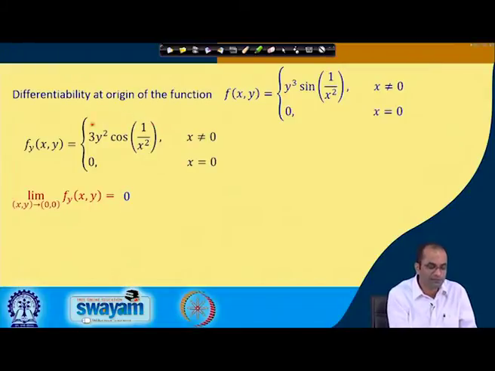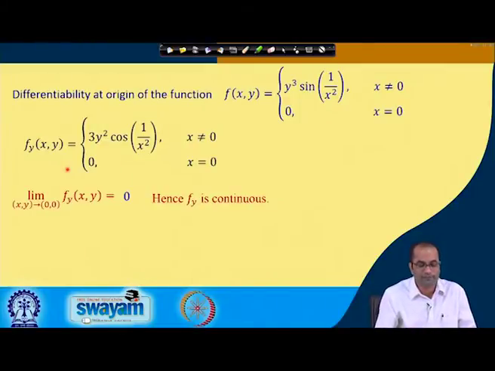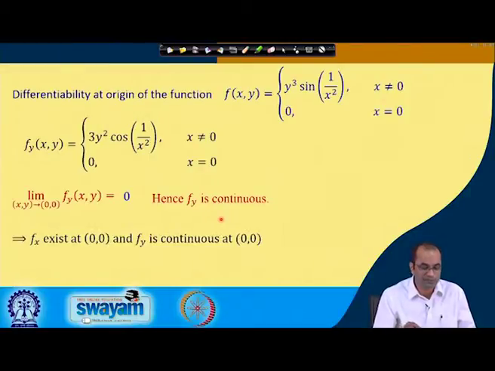So, the limit of this function, 3y squared cos of 1 over x squared, when we take (x, y) to (0, 0) from any direction, is 0, and this is the value at the origin of the function f_y as well. So, hence f_y is continuous. This is a special example where f_x was not continuous and now f_y is continuous.